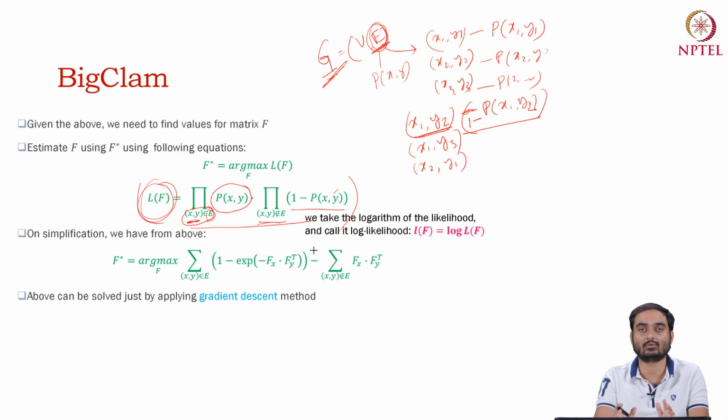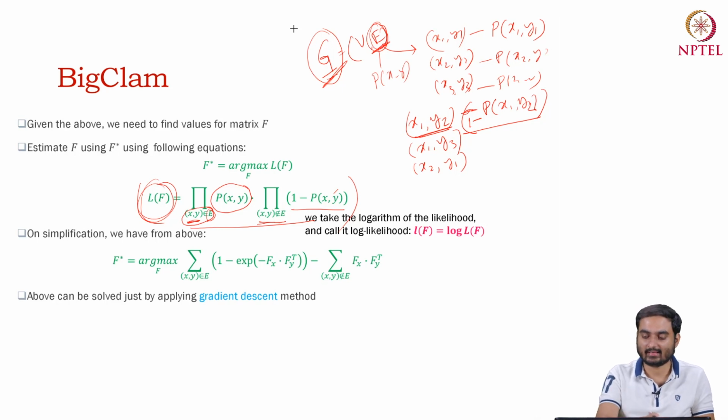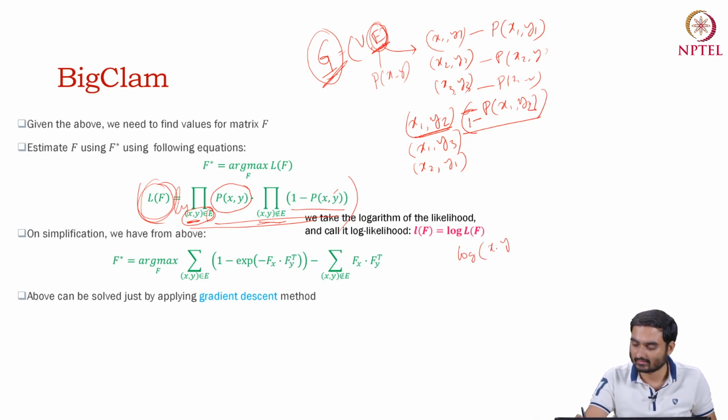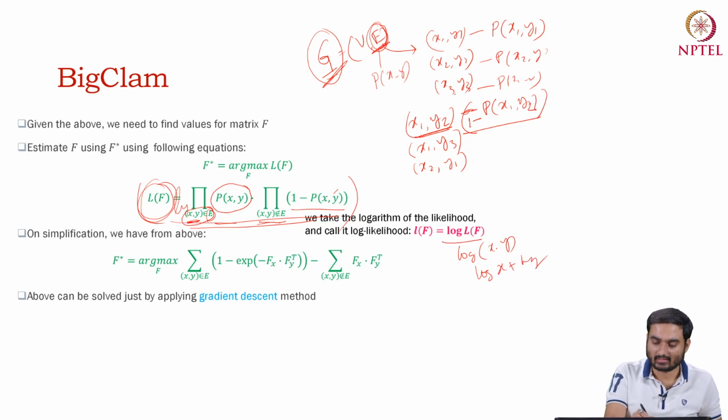This is the likelihood of the entire graph based on our model. So we take the log likelihood instead of the product. Optimizing a product is the same as optimizing the log of the product. The log of a product is the sum of the logs: log of x times y is log of x plus log of y. So here we take the log.